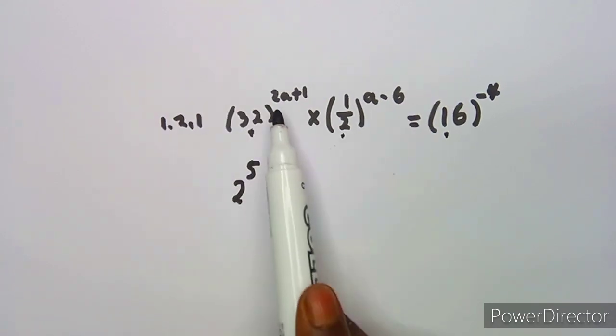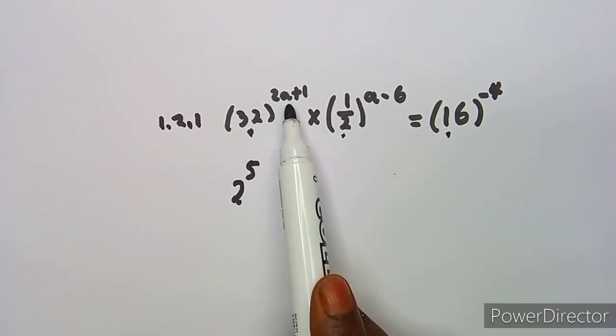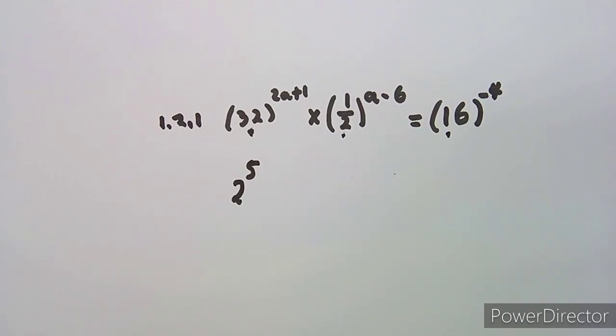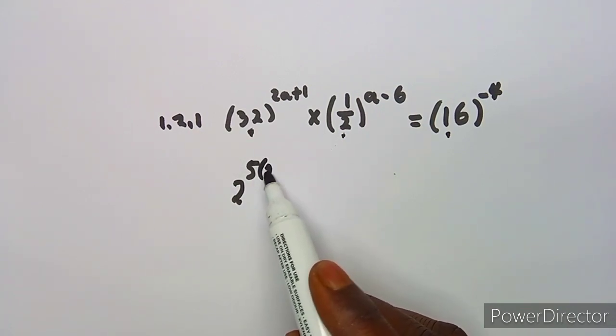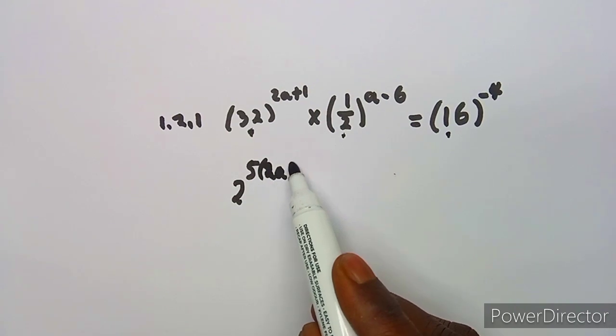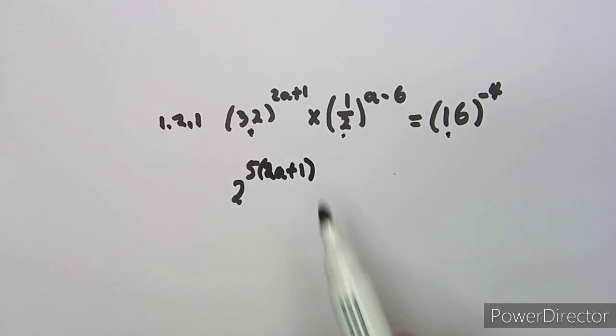But already there is an exponent which is there, which is 2a plus 1. So what am I going to do with this exponent? Okay, this is an exponent and another exponent. So I'm just going to open a bracket for that exponent like this.